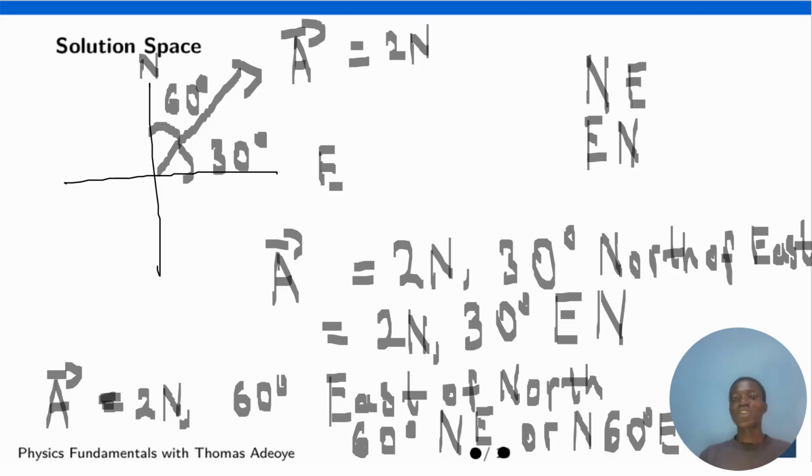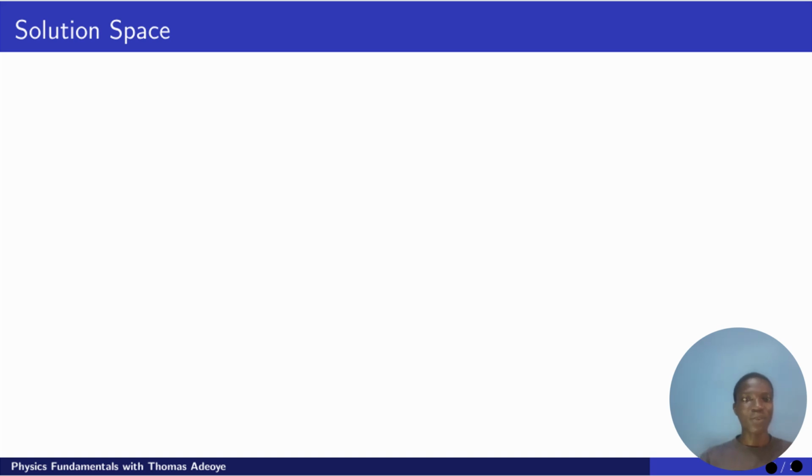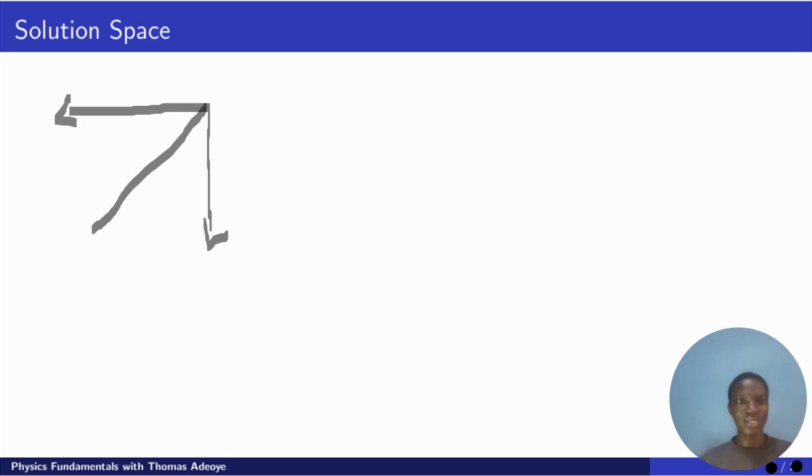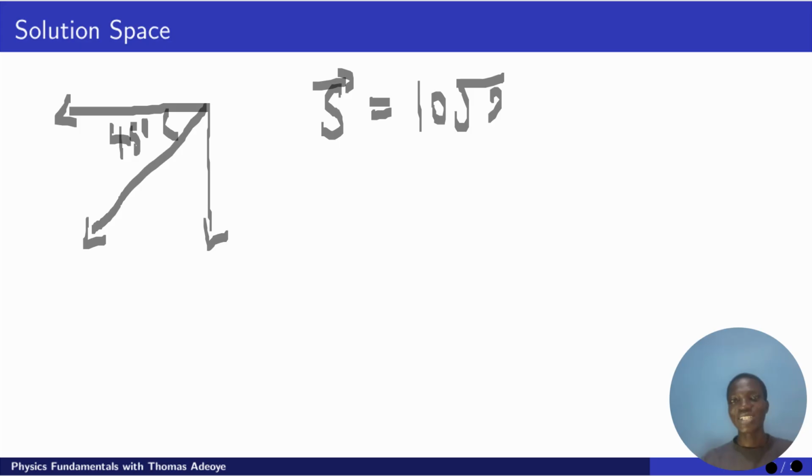Is that taken? So we are going to apply this to our work now. If you look at what we got, this is the displacement, and the angle we got is 45 degrees. So our displacement will be equal to, we got 10 root 2 as the magnitude.